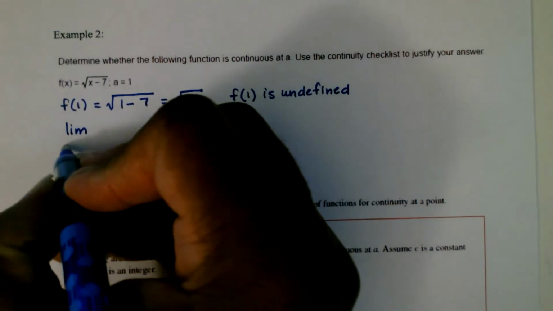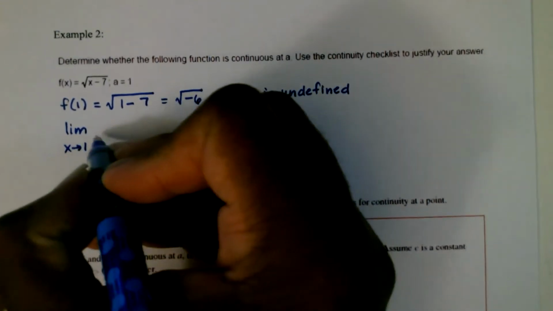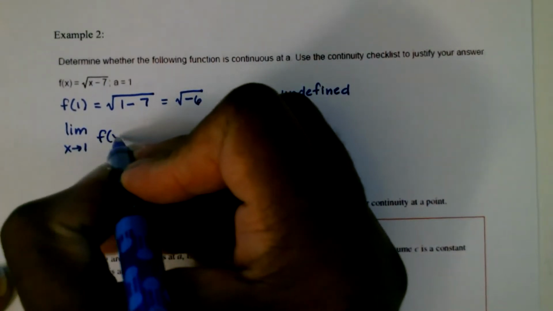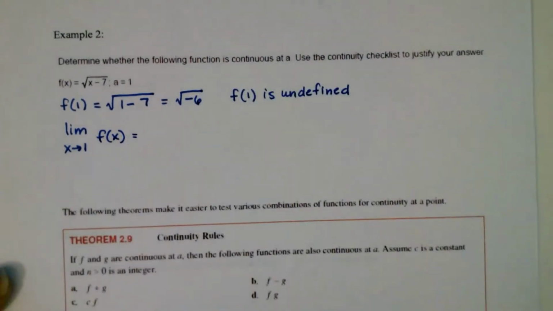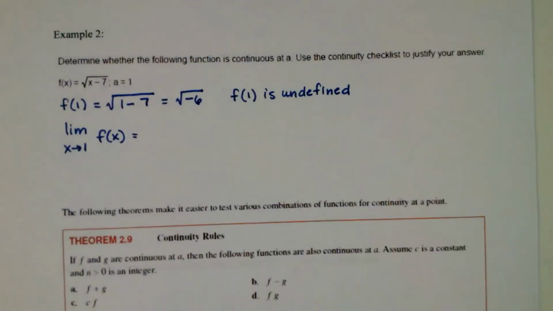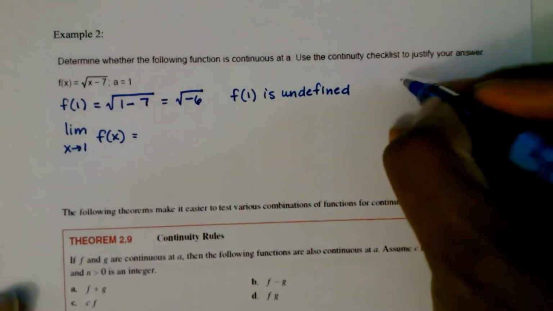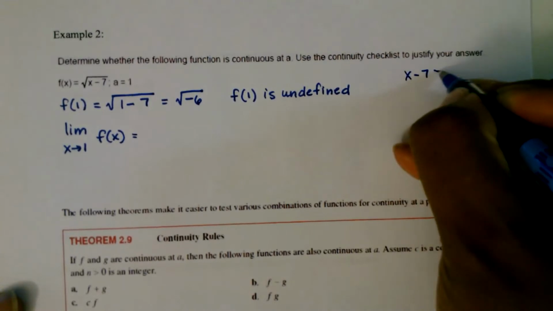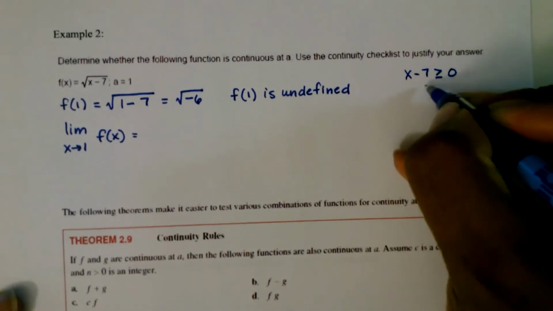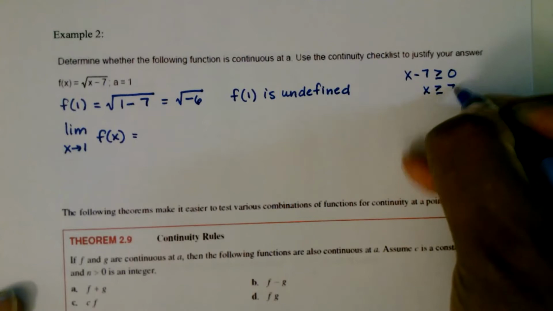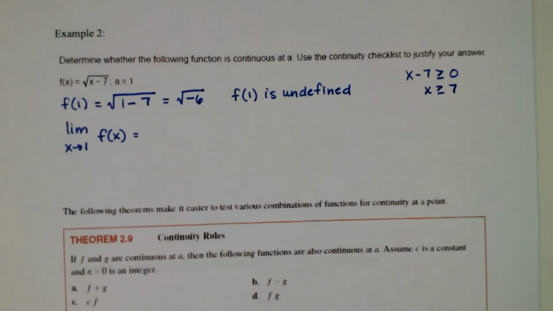And then the limit as x approaches 1 of that function f of x. Well, this is only defined for values that are bigger than or equal to 7, because if you take what's underneath that radical, which is x minus 7, set it to be greater than or equal to 0, that means any x value greater than or equal to 7 will work for that function.